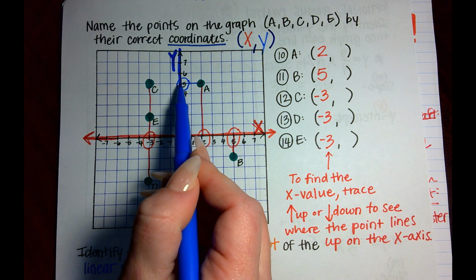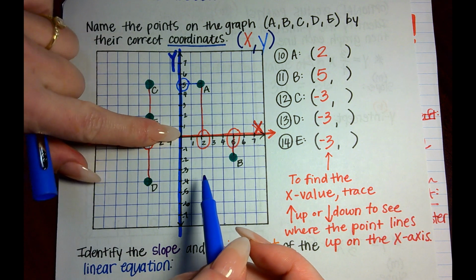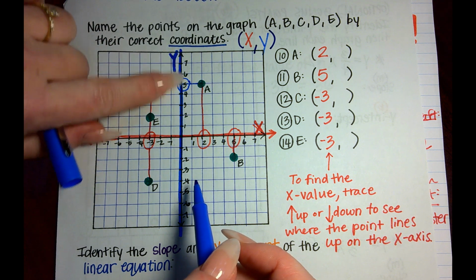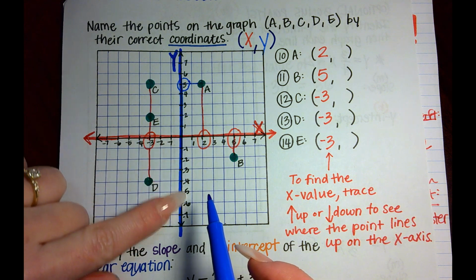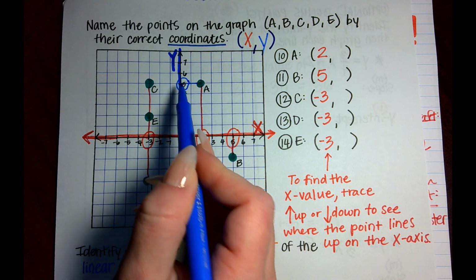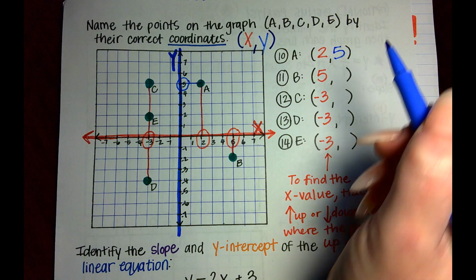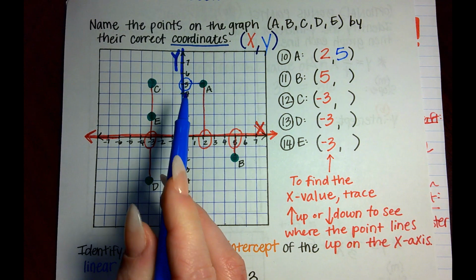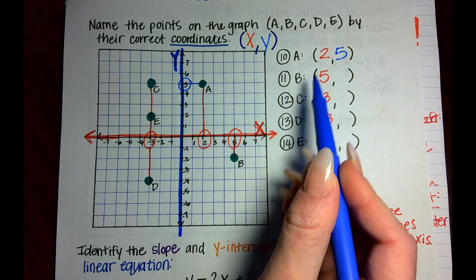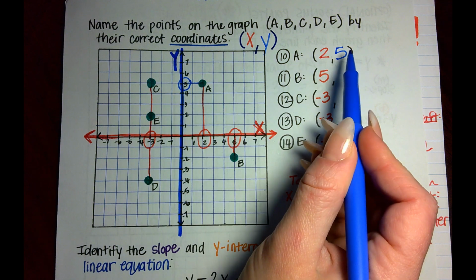The tick mark makes it look like a negative sign, but whenever we have our numbers on the y-axis above, these are all positive numbers. The negative numbers are going to be below. We see that difference there. So this will be +5. Okay, so that's where we found A. We see A lines up with 2 on the x-axis. There's our 2. It lines up with 5 on the y-axis. There's our 5.